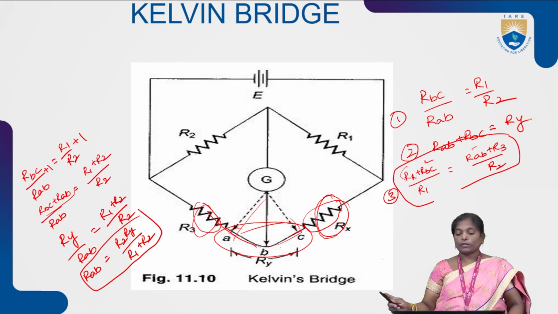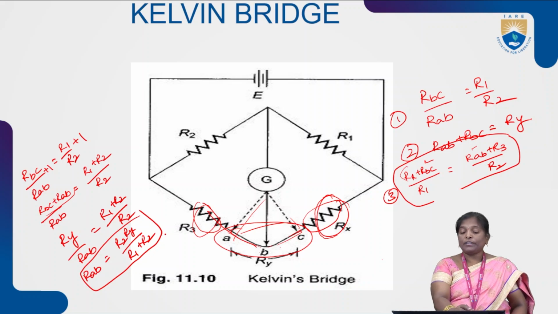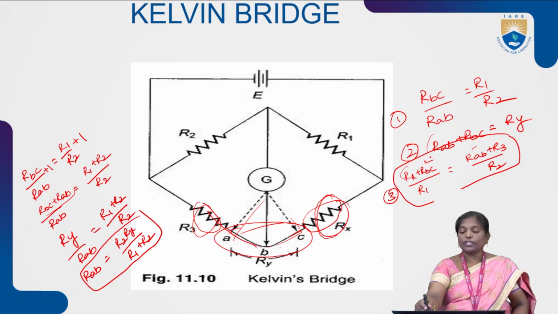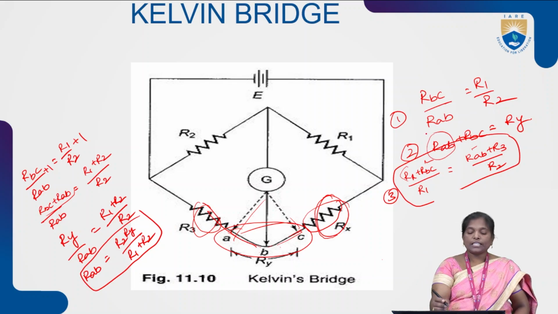Similarly, by substituting the RAB value in the second equation, we have R2 RY by (R1 plus R2) plus RBC equal to RY.